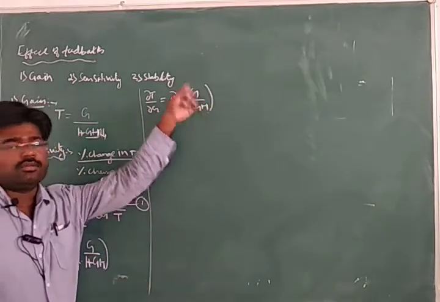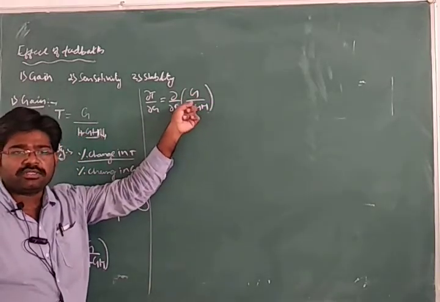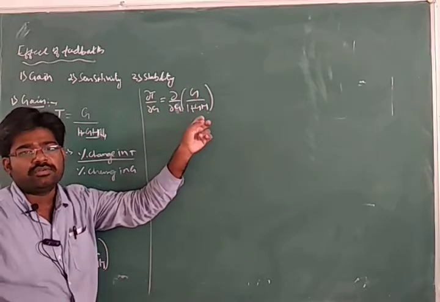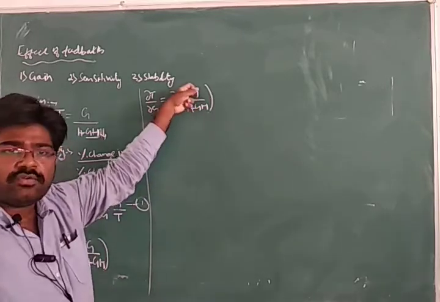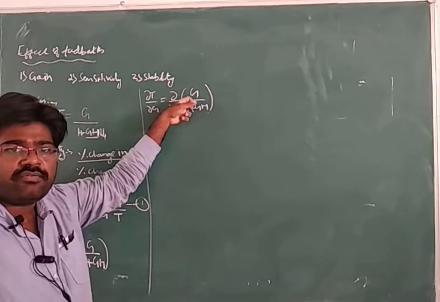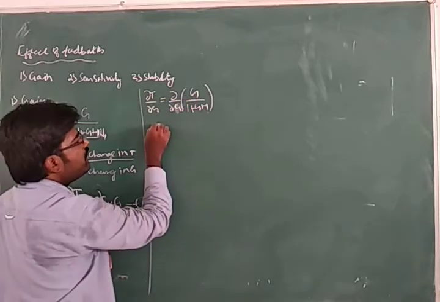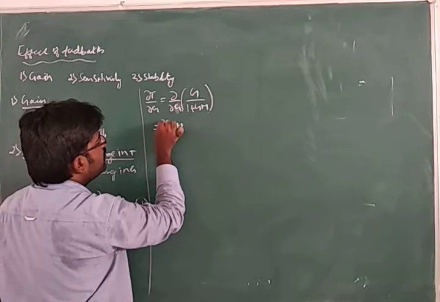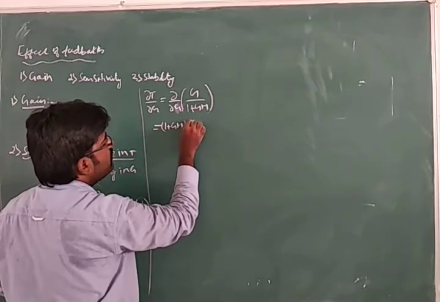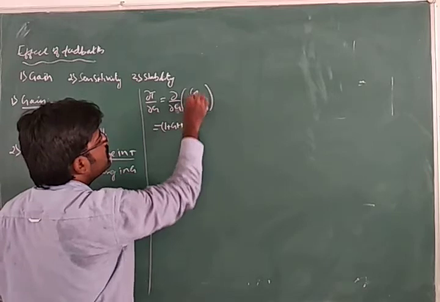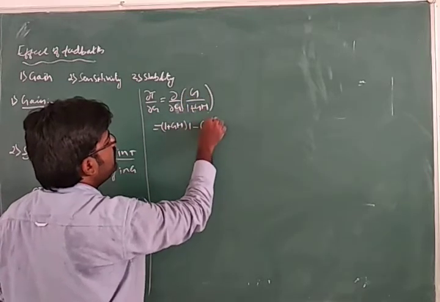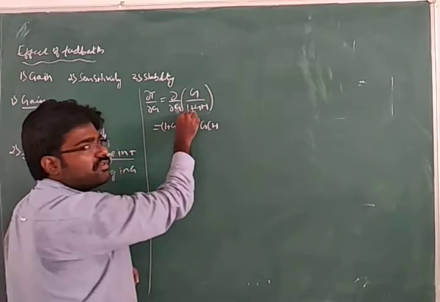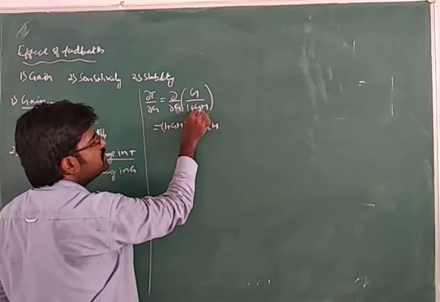How to do the differentiation of these kinds of functions? This is in u by v form. So v into differentiation of u, minus u into differentiation of v, divided by v square. In that way we have to do the differentiation. So v into differentiation of G, which is 1, minus u into differentiation of v, which is H. Differentiation of 1 is 0 and differentiation of G is 1.